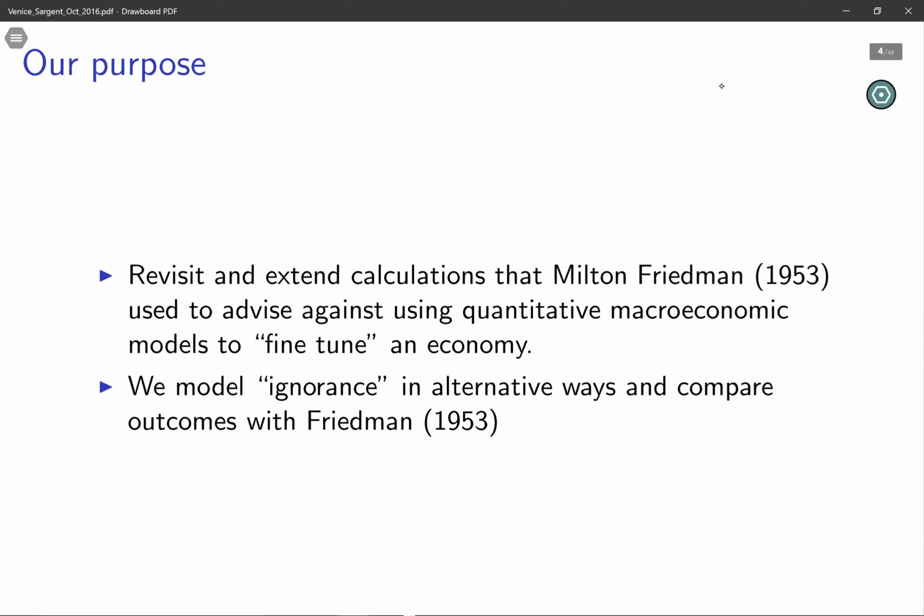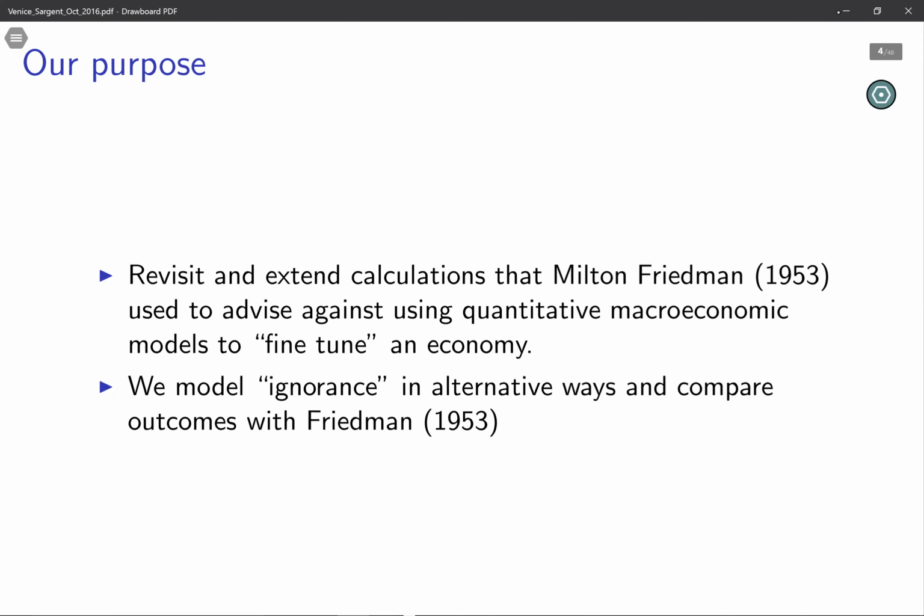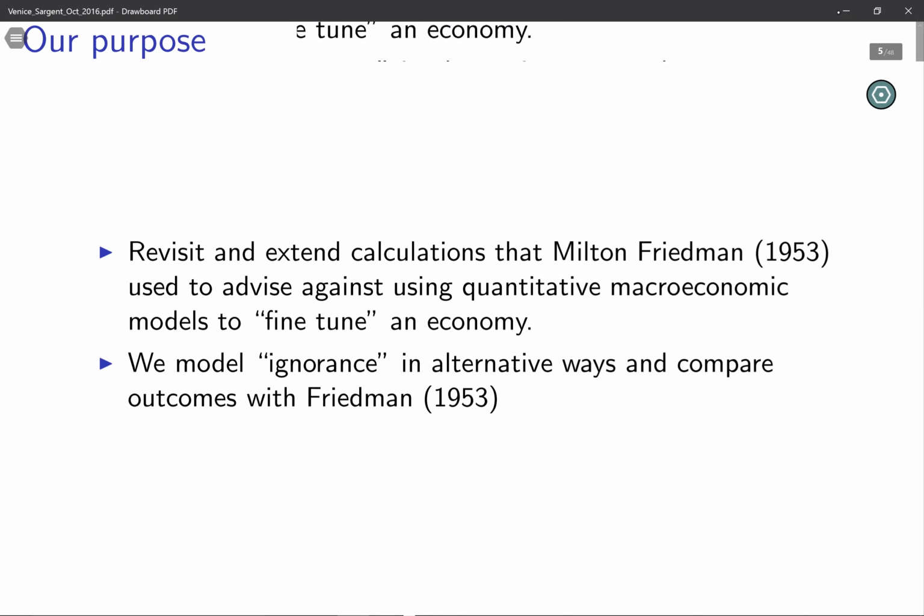And we're going to compare those alternative ways with the outcomes of Friedman's analysis. And I think you'll see why we're going to be talking about this in a conference in which Bayesian analysis is widely used.